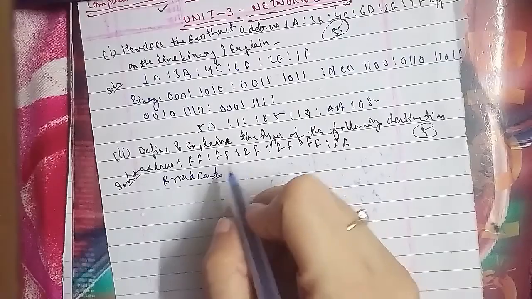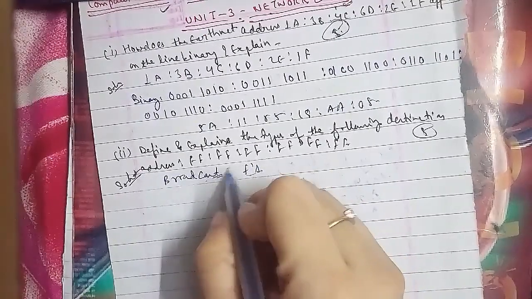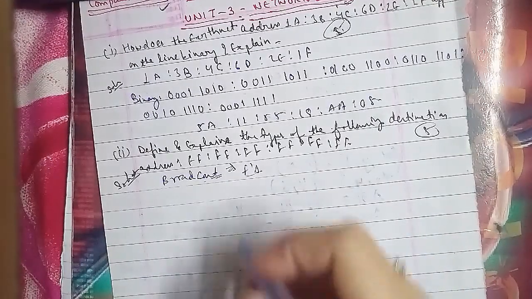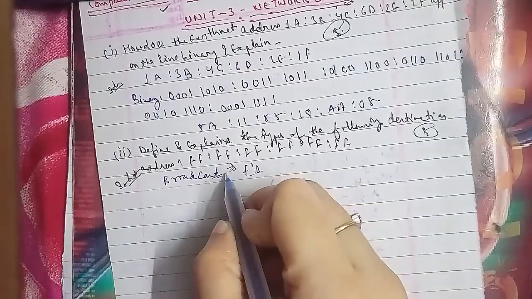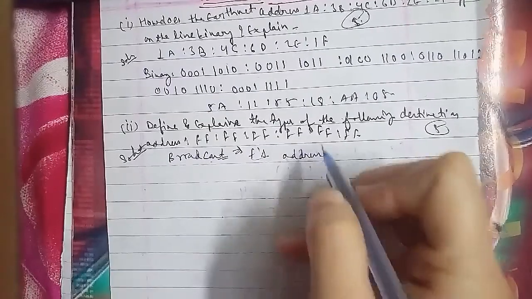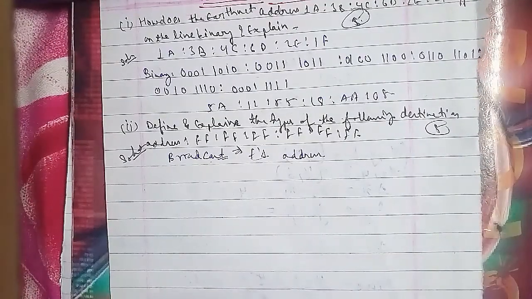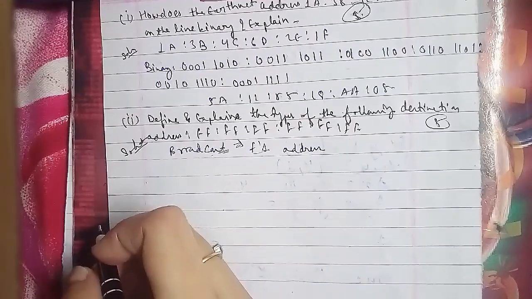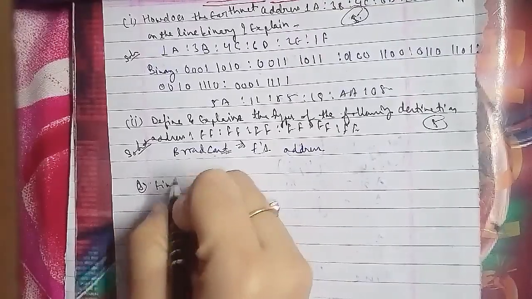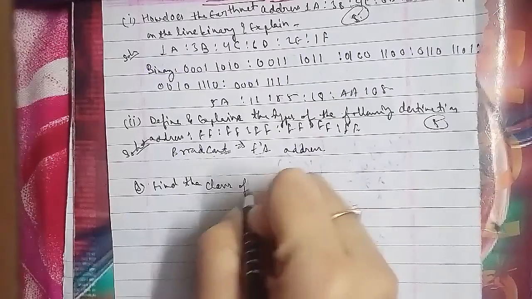Next, they ask you for 10 marks many times in the examination paper: find the class of each address. The first we have here is 140.213.10.80.